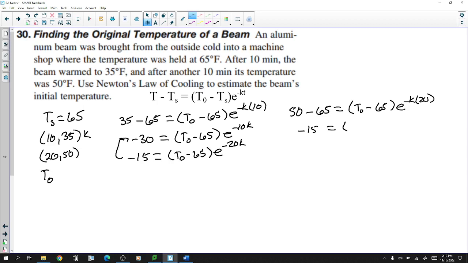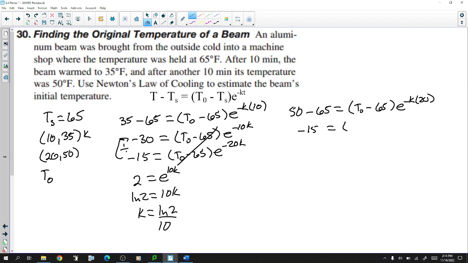So let's divide these. We'll divide top minus bottom because that'll be 2. Those cancel. And negative 10 minus negative 20 is positive 10. So e to the 10k. So natural log of 2 is equal to 10k. So k is natural log of 2 over 10.